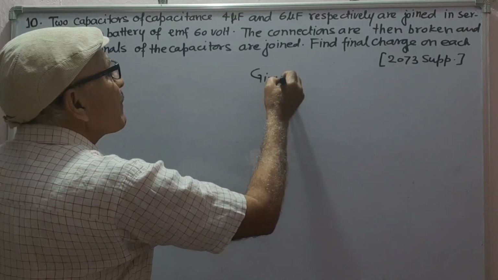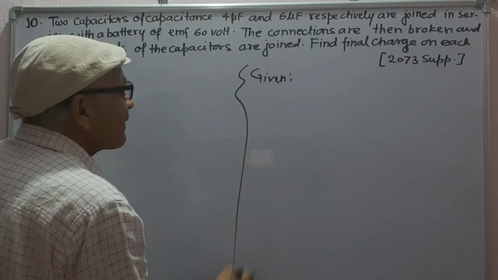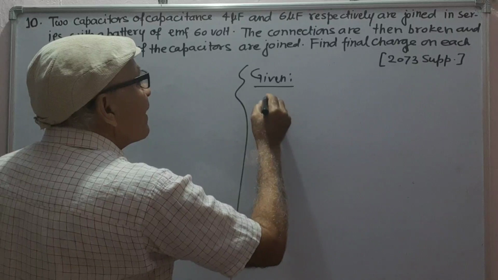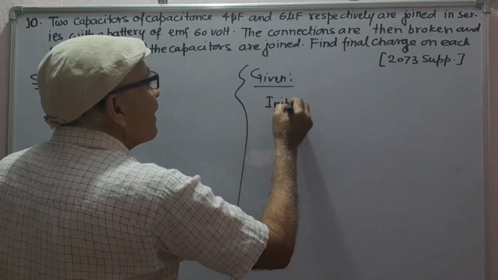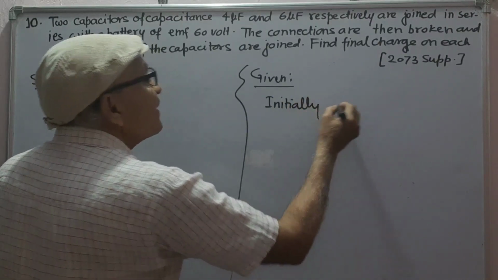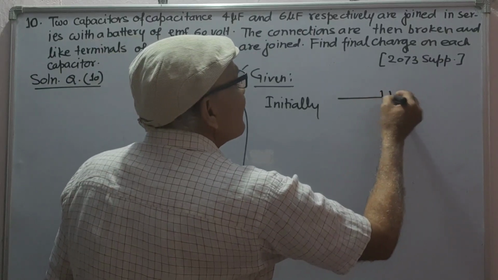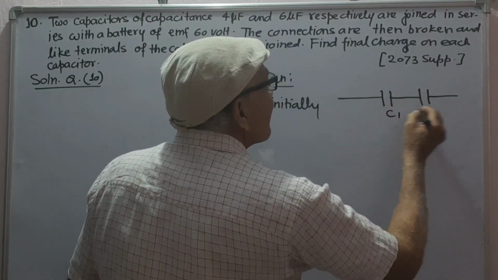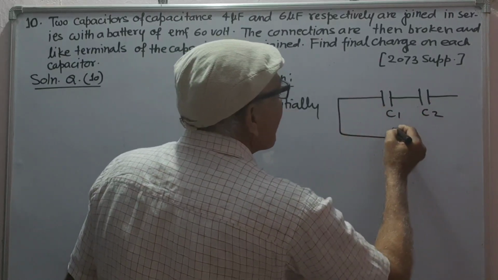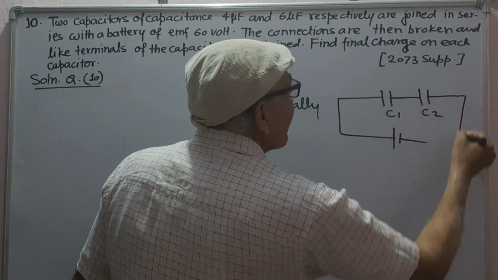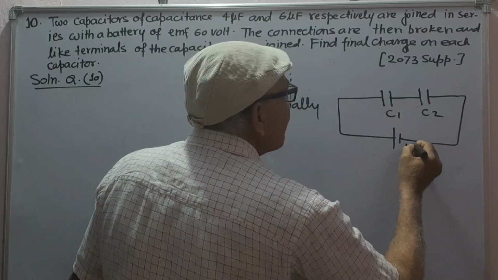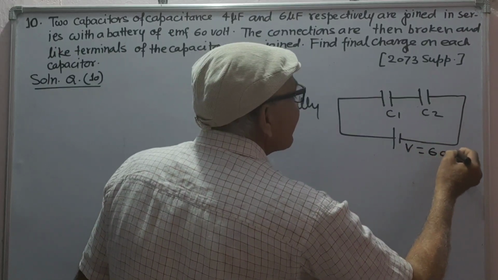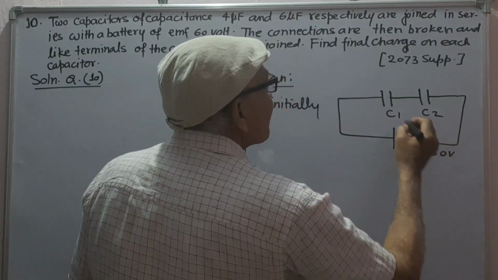Given, initially both are connected in series and then a battery of EMF 60 volt is connected to them.